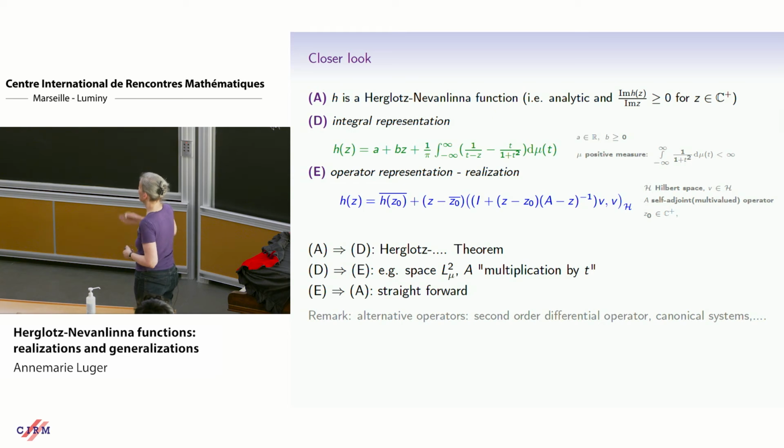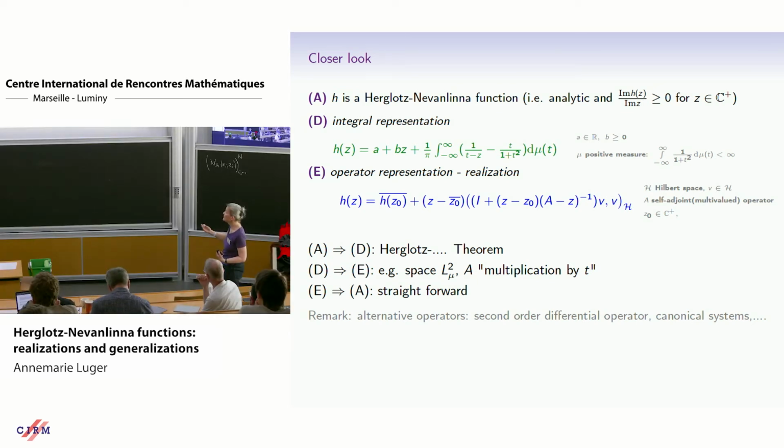Okay, so why do we have these operator representations if they are basically the same as the integral representation? I would say because they give us other tools and other ways of looking at the function. But also from the other side, we can realize when we are dealing with a Herglotz-Nevanlinna function if they come from an operator.